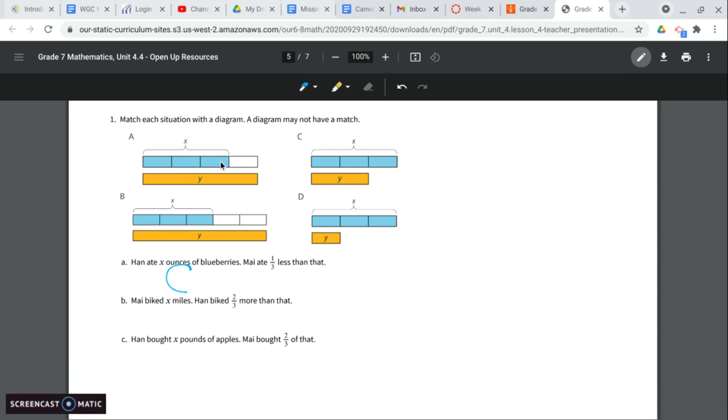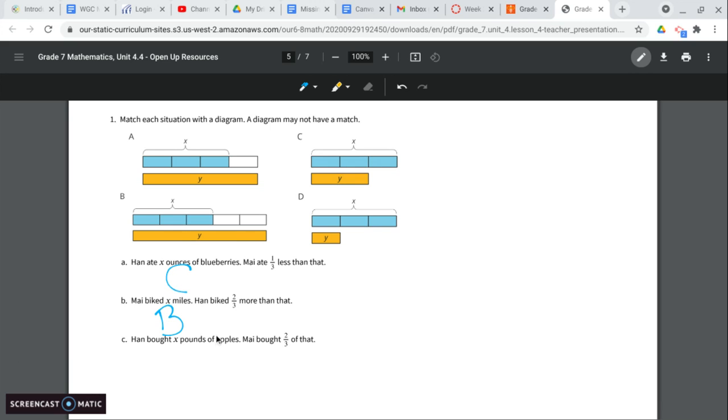So we've got 1, 2, 3, and then 4. And there's a fourth more here than in this one. In B, we've got 1, 2, 3, and then we've got 2 more added on after that that aren't being filled, but this one is. So if this represents a whole, here's 2 more added on, 2/3, so it's B.